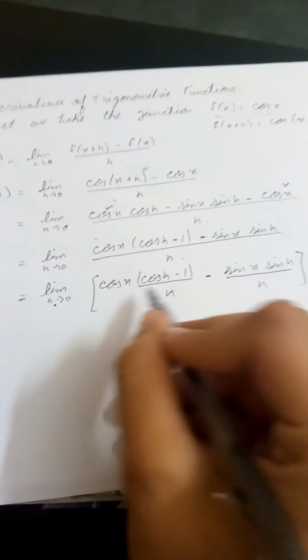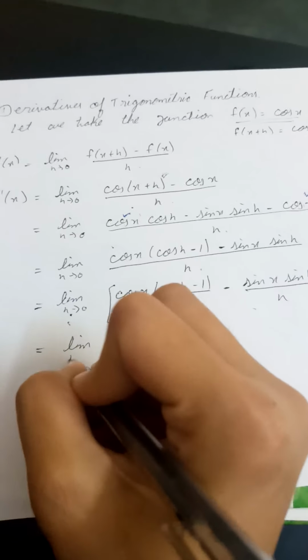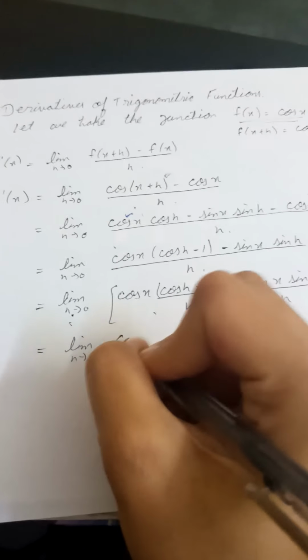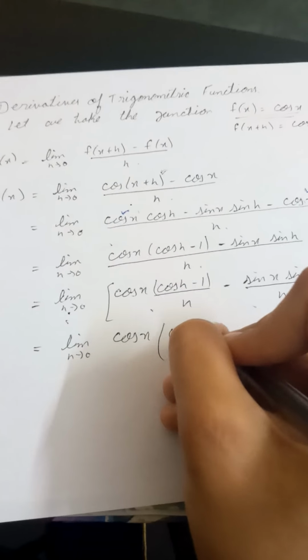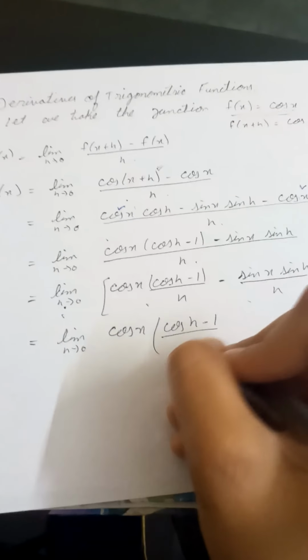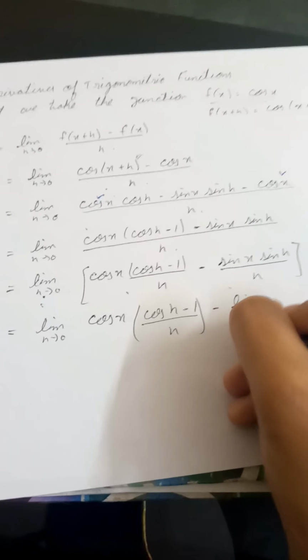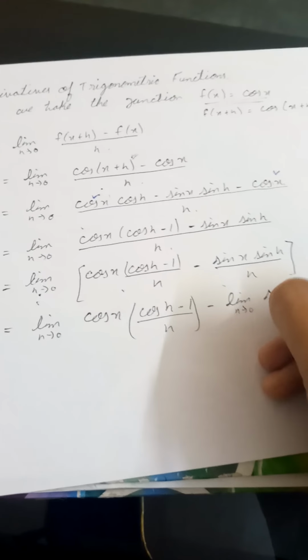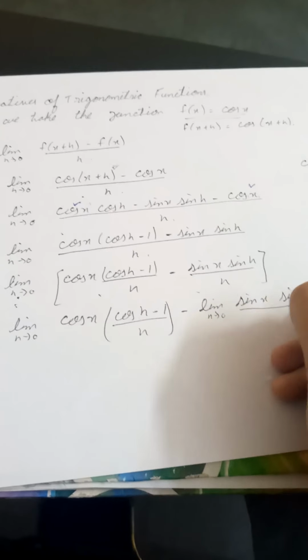I will apply this limit to both terms. That will be limit h tends to 0 of cos x times cos h minus 1 divided by h, minus limit h tends to 0 of sin x times sin h divided by h.